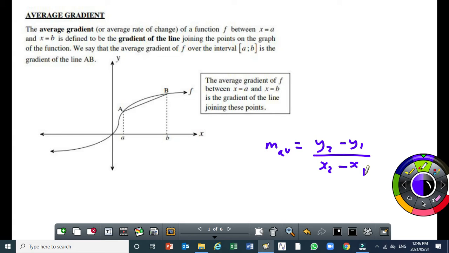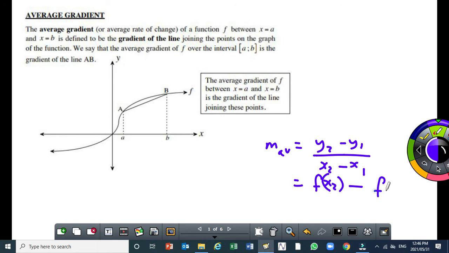But if you are dealing with functions like the quadratic function, the exponential, functions that are not linear, we have to talk about the concept of average gradient. Okay? Then, when we introduce function notation, y2 becomes f of x2, and y1 becomes f of x1, and this is all over x2 minus x1.